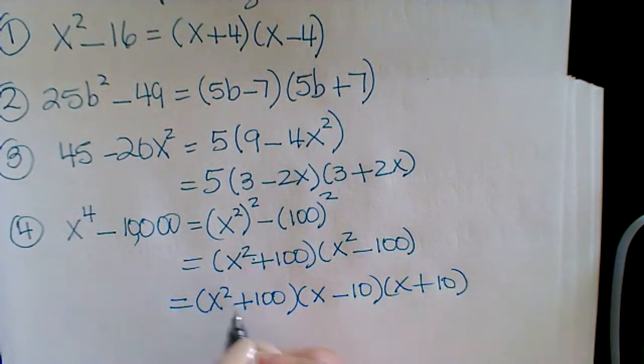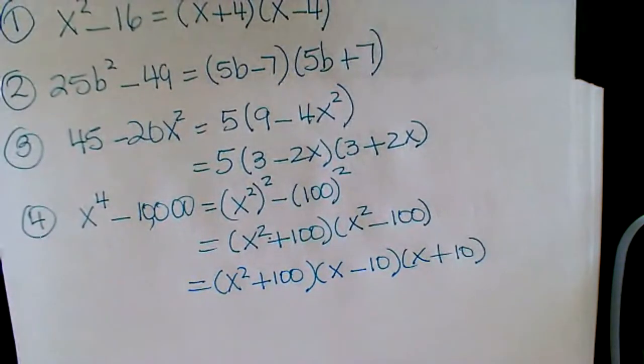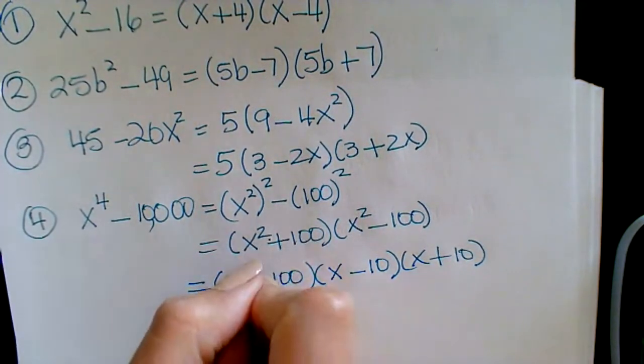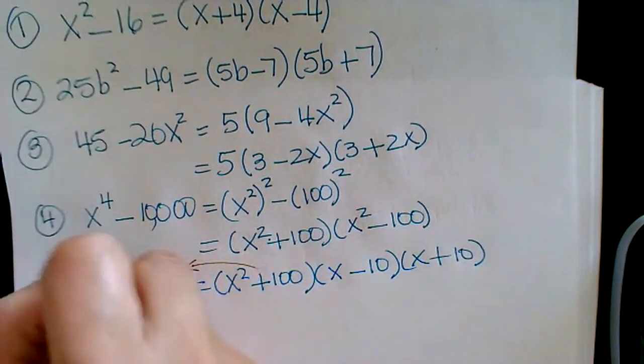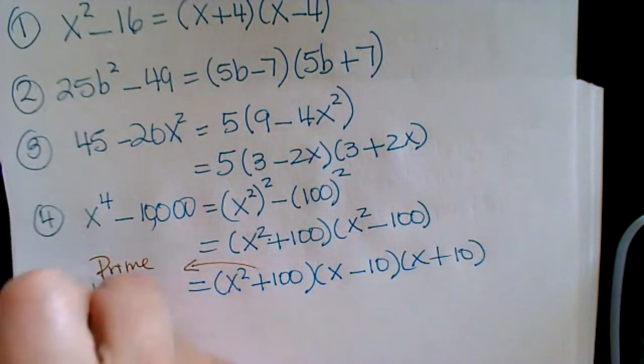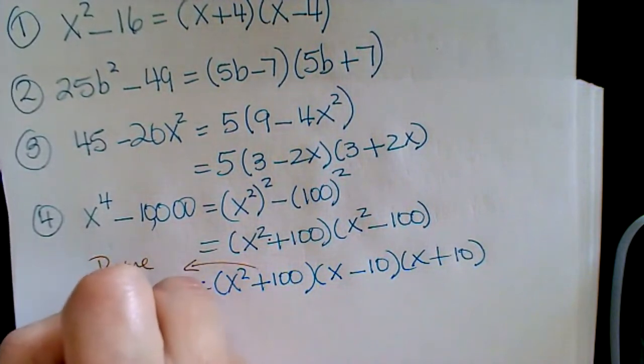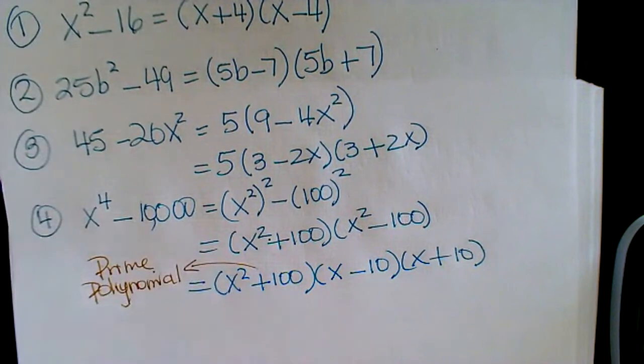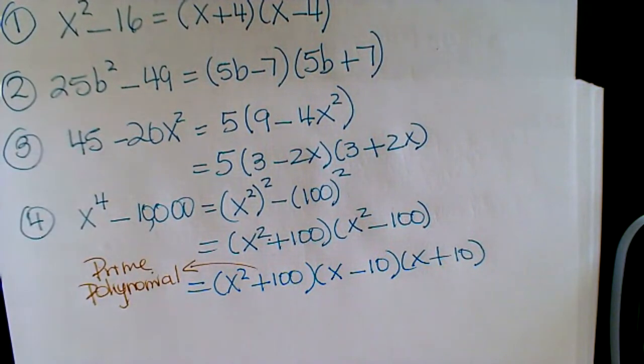Remember, this is a prime polynomial, okay? When we have the plus. So the sum of two squares cannot be factored by using real numbers.